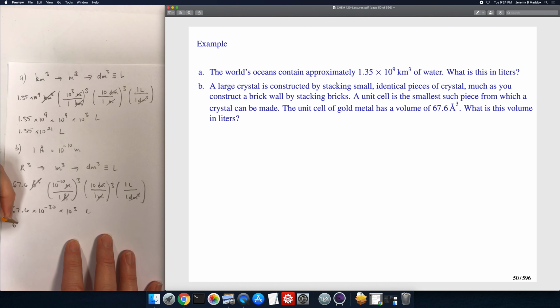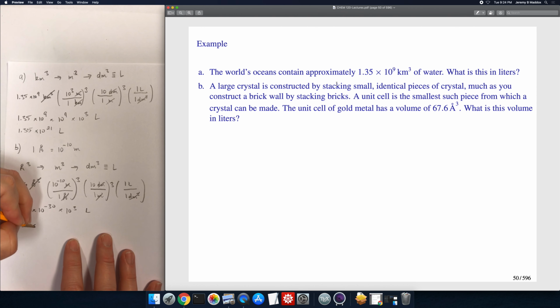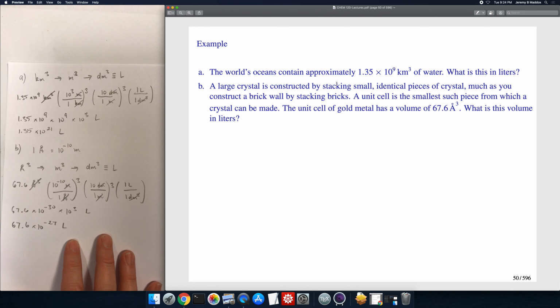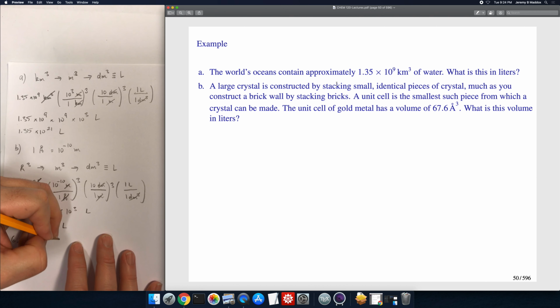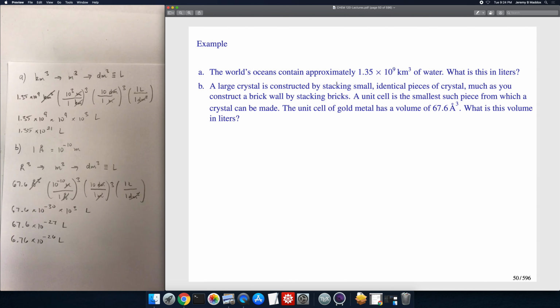So this is going to be 67.6 times 10 to the minus 27 liters. And then we should probably adjust this. We've made this smaller, so we need to make this one a little bigger. That would be our final answer in proper scientific notation.